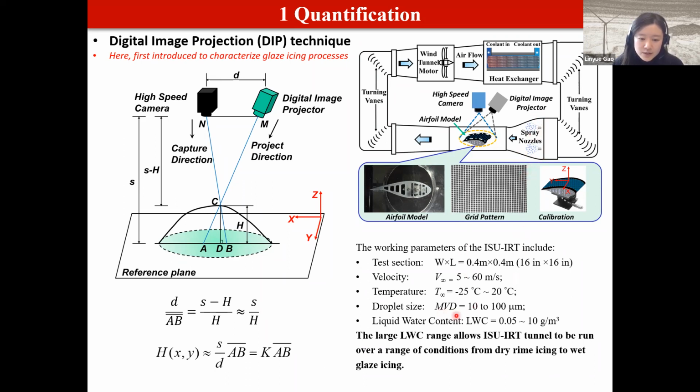The droplet size ranges from 10 to 100 micrometers, and we can control the liquid water content from 0.05 to 10 grams per cubic meter. Also we have a cooling system, so we can control the temperature down to -25 degrees C. Using this wind tunnel, we can duplicate a wide range of conditions from rime ice to glaze ice.